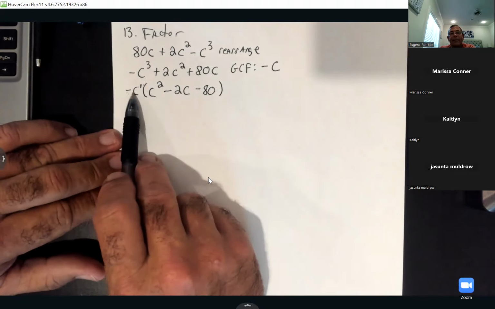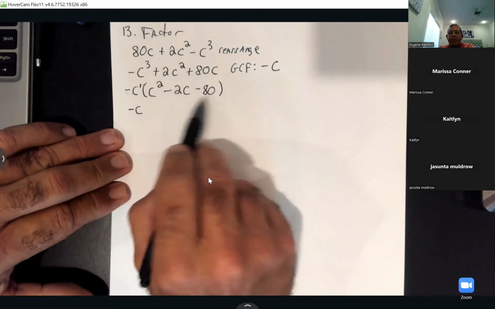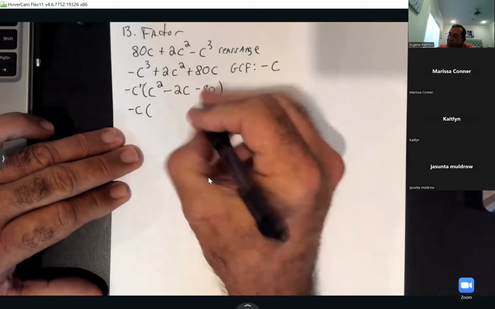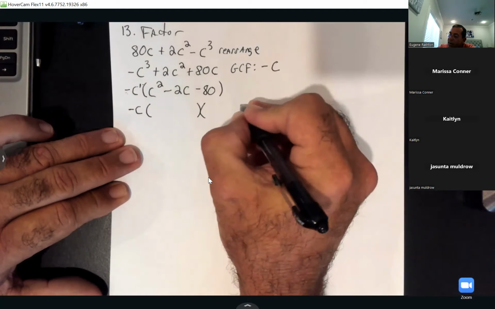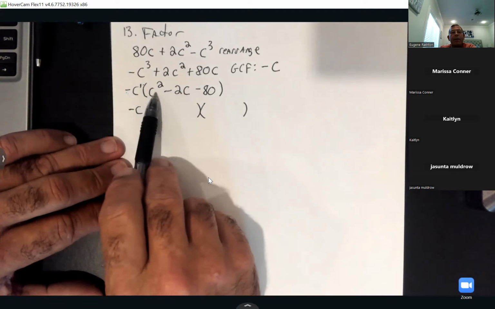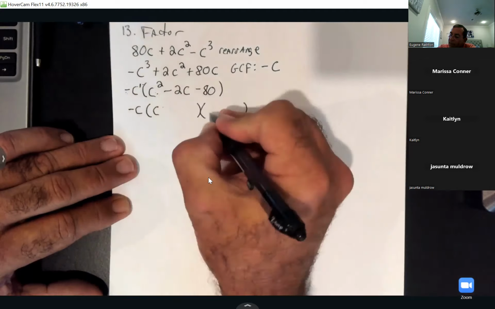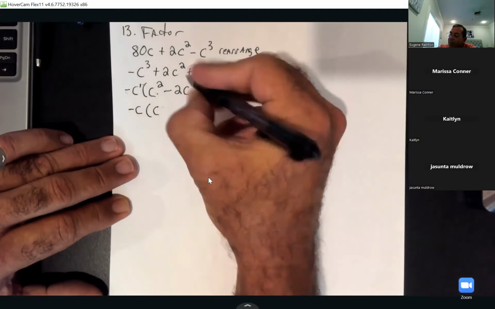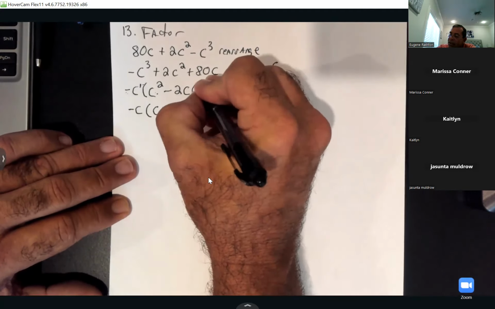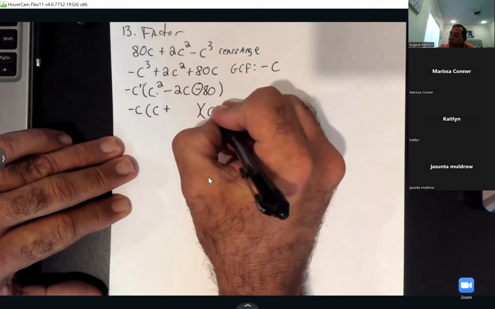All right, so we got this negative c factored out front. We know there's no more GCF, so this thing will now factor into 2 sets of parentheses. The c squared gives me a c and a c. Remember, the last number's negative, so one of these is positive, one's negative.